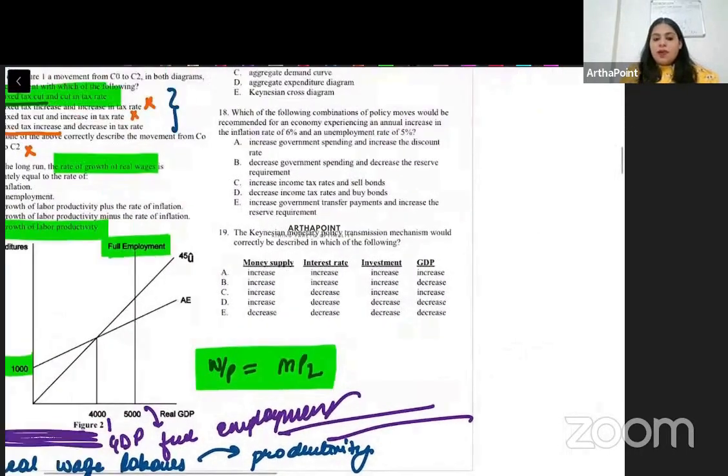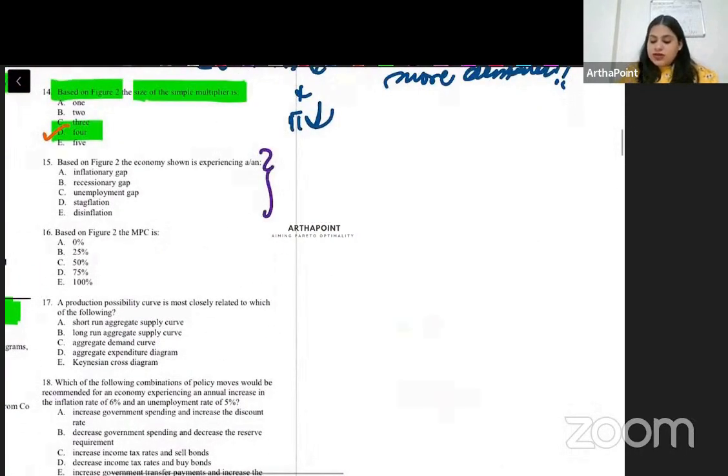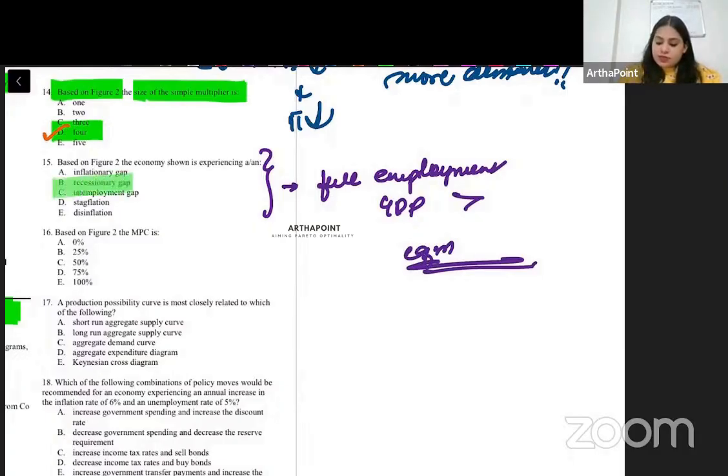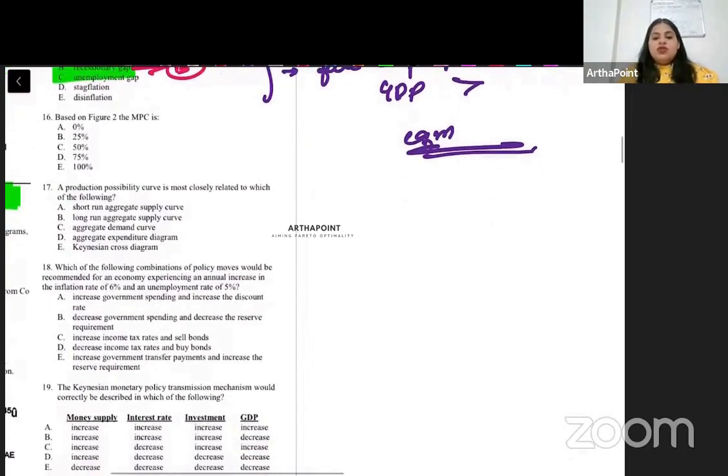So when I talk about the diagram, the full employment GDP is more than where the economy reaches equilibrium. In such cases, you have a recessionary gap. So the answer will be B. Okay, come to the next question.